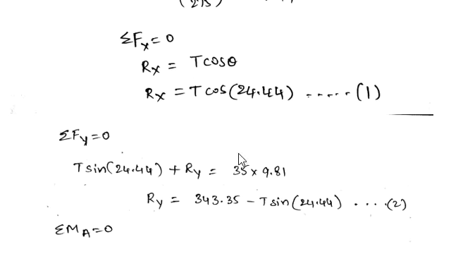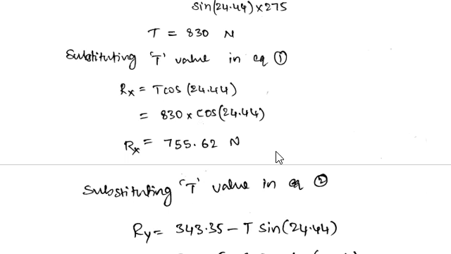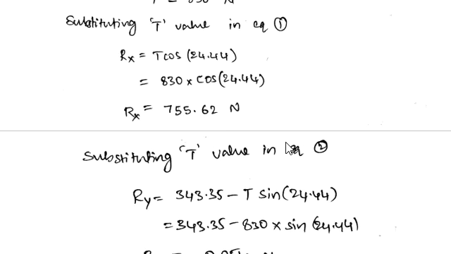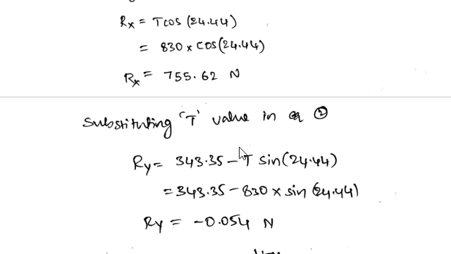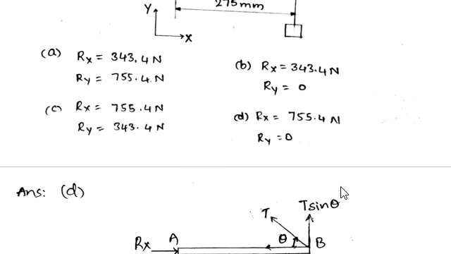And if you substitute this T value in equation number 1, we will get Rx, and we are getting Rx as 755.62 newtons. And if you substitute the same T value in equation number 2, we will get the Ry value, which is about minus 0.054. Here the given options are nearer to this, and our answer is option D only.